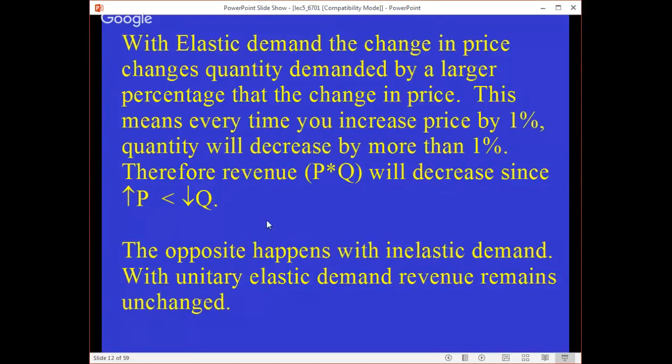Therefore, revenue, P times Q, I think we've defined that already. If we haven't, revenue is price times quantity. It's fairly simple. So revenue will decrease since the increase in price is less than the decrease in quantity demanded. Of course, the opposite happens with inelastic demand, and with unitary elastic demand, revenue remains unchanged.